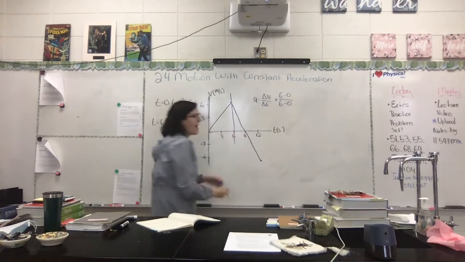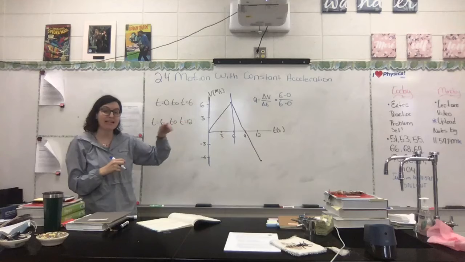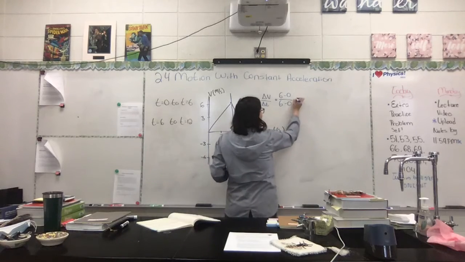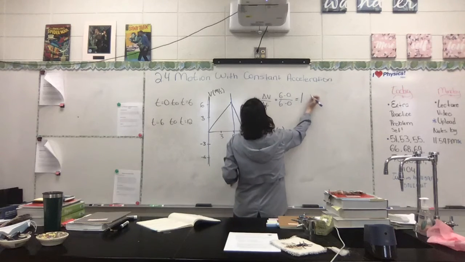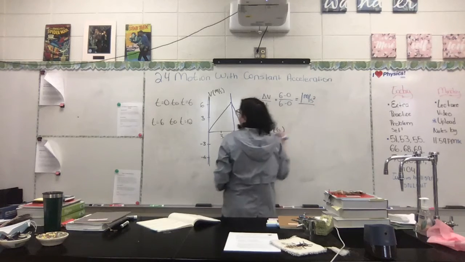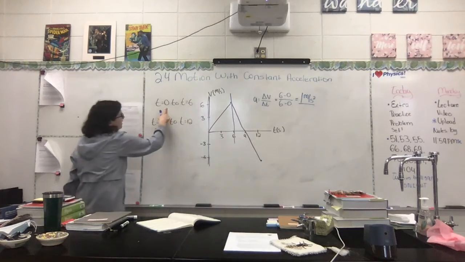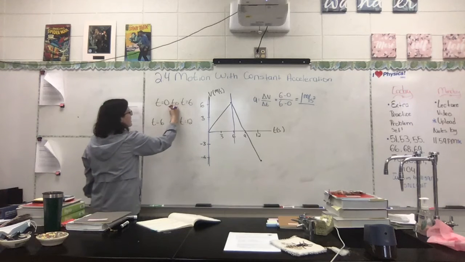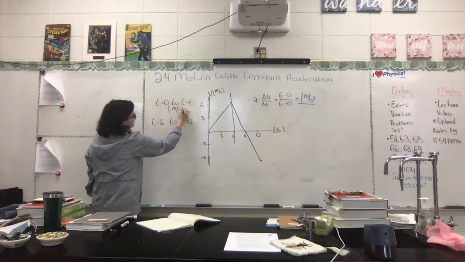So we have 6 divided by 6, which gives us an acceleration of 1 meter per second squared. So from t equals 0 to t equals 6, he has an acceleration of 1 meter per second squared.